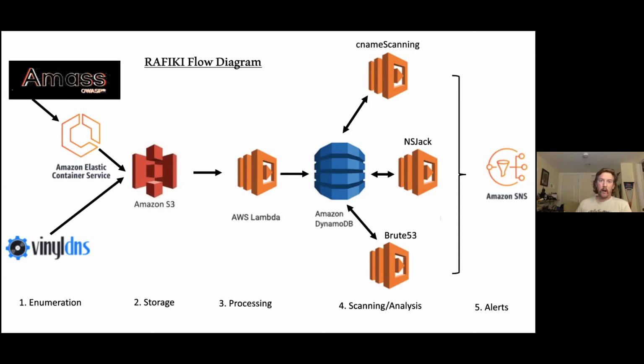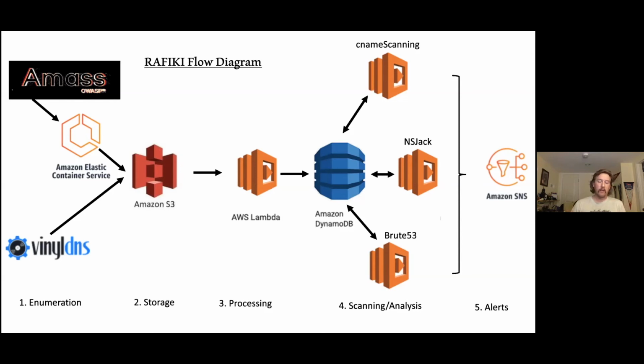So it sits there and gets batch processed by a Lambda. It's put into a CSV and sits in the S3, and then is run over from a Lambda, and then just brought into a Dynamo, and sits there until it sets off a trigger, or some of these run on time delay scans. And then each one of these will serve a different function, looking for these subdomain takeovers.